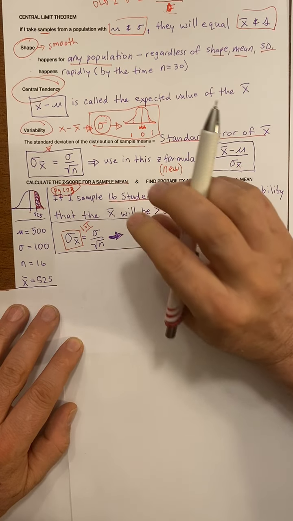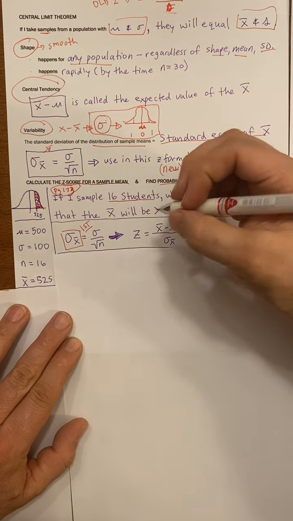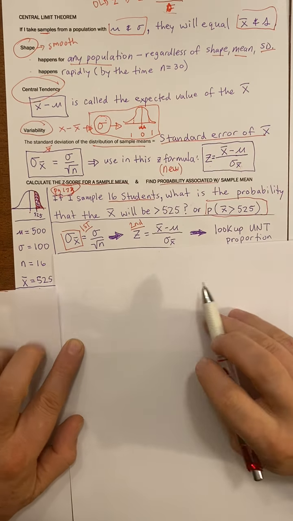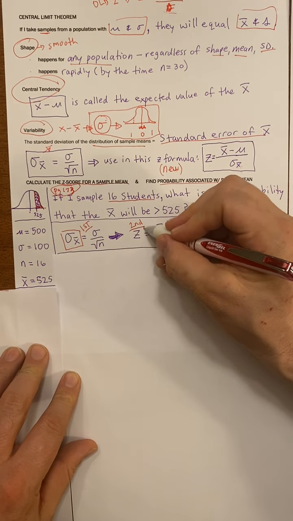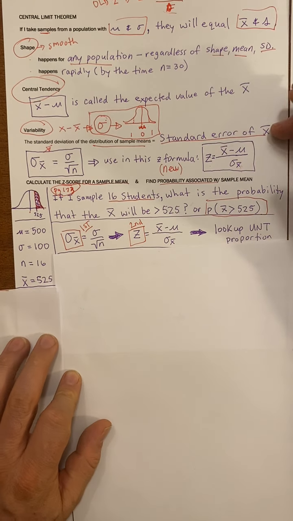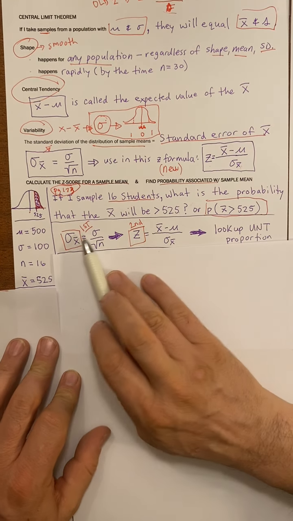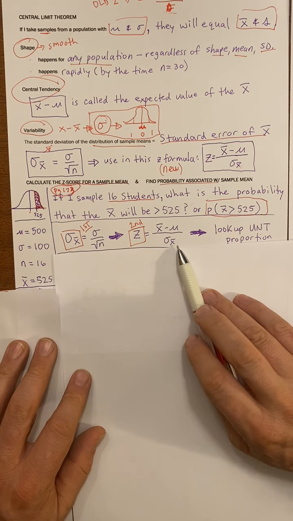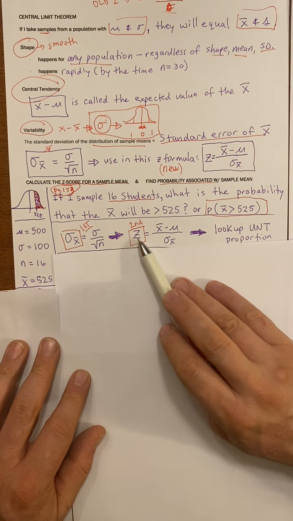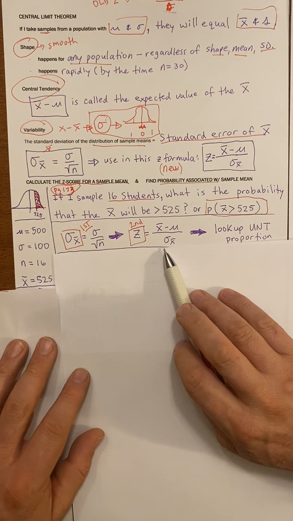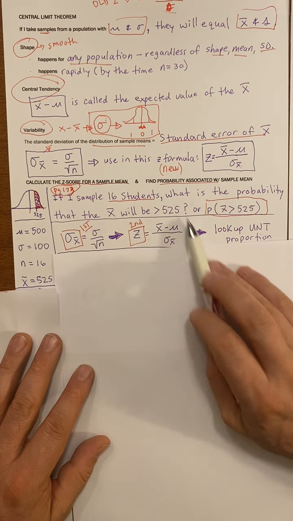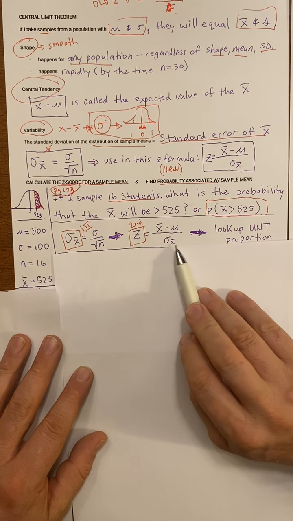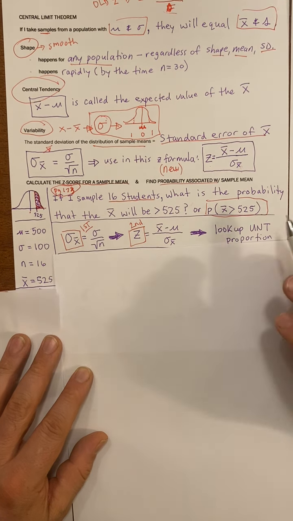Once you have that, then that gives you the information you need to do the second thing, which is calculate this new z-score. But remember, the reason why you had to calculate that standard error first was because you needed it in the denominator of your new z equation. But again, we're being given all the information that we need. We've got that x bar, we've got our mu, and we've got that standard error.